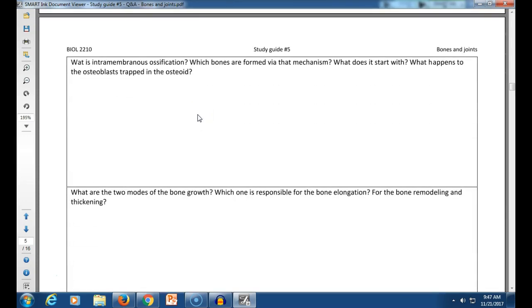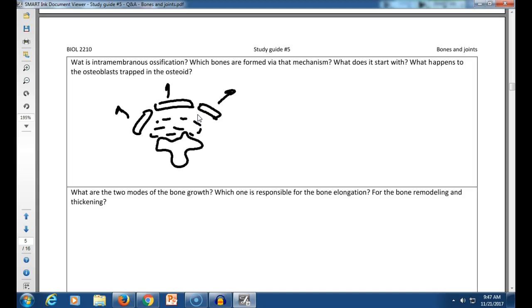Intramembranous ossification. You have a connective tissue membrane. It starts with an ossification center, the front of osteoblasts produces matrix and spreads outwards. Some of the osteoblasts get trapped inside and become osteocytes. That make sense?